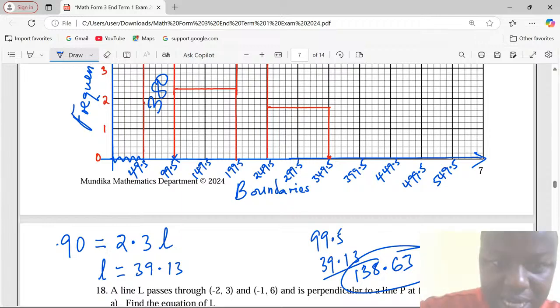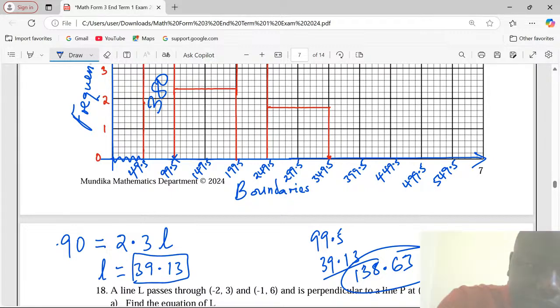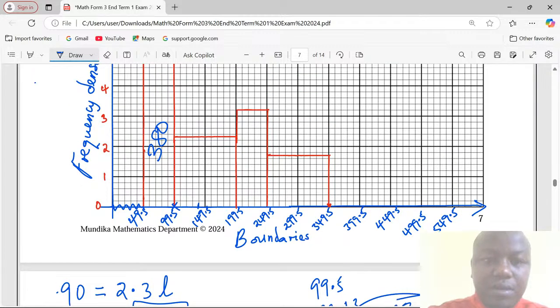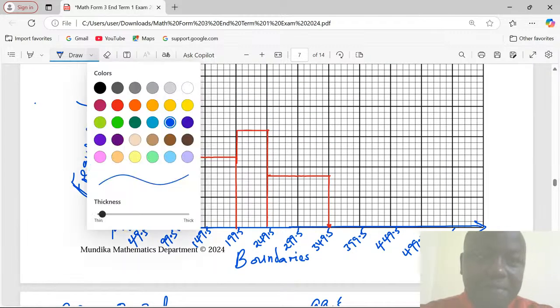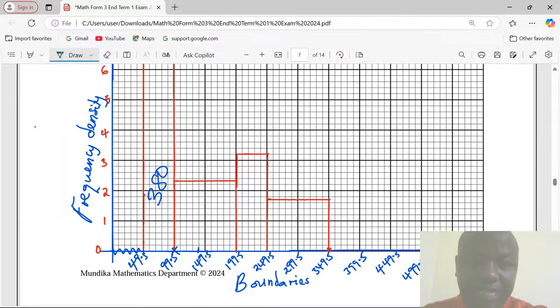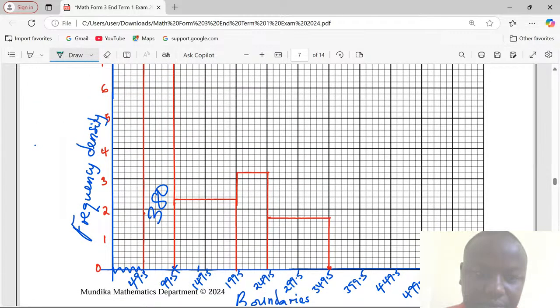If it represents 10, then for us to have 139, we need almost 4 of them to add 39.13. So at this point is where I'm going to draw my vertical line. We use a different color. Remember, it is just an estimation. When we are using a graph to determine some measures, we are just estimating. So the median line.